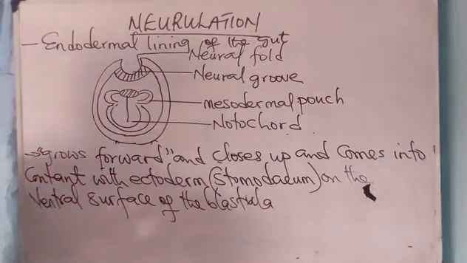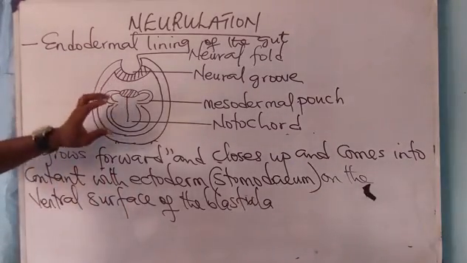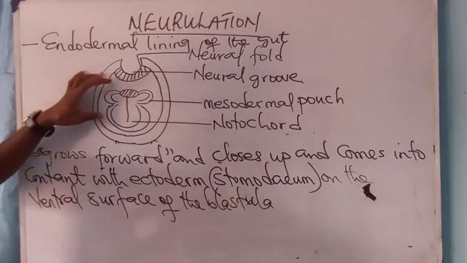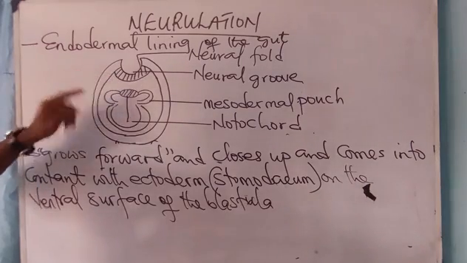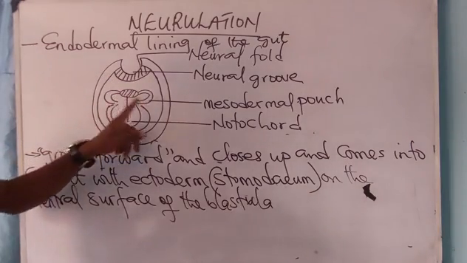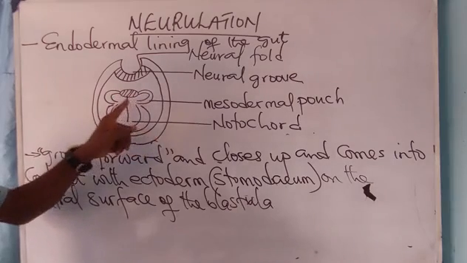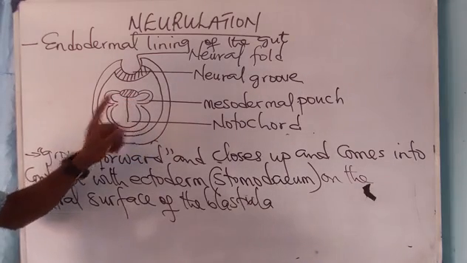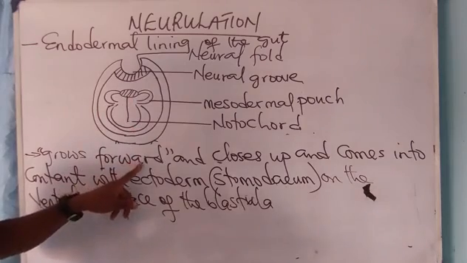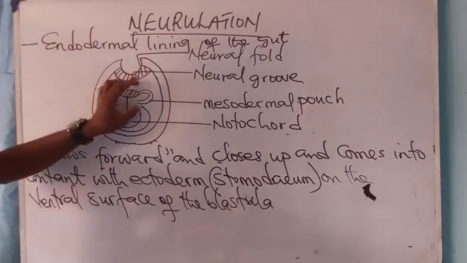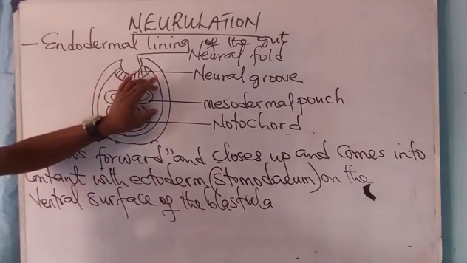Using a diagram of the neurula, I said that the pouch that is holding the notochord in position is the mesoderm. And the mesoderm has a cavity called coelom, filled with fluid.